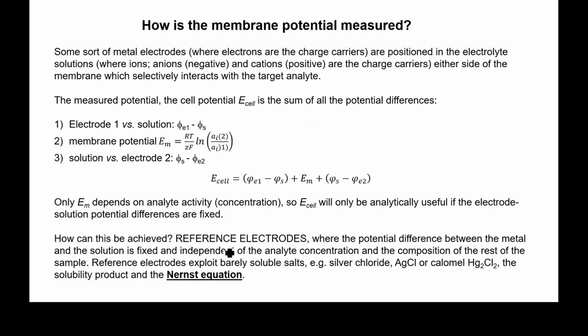So we need good reference electrodes, here in shouty Twitter-type text. The potential difference between the metal and the solution needs to be fixed and independent of the analyte concentration. I'm putting this in here because I work a lot with electrical engineers, for example, and they're not idiots, but they thought that the reference electrode potential was all about controlling the applied potential from the circuit.